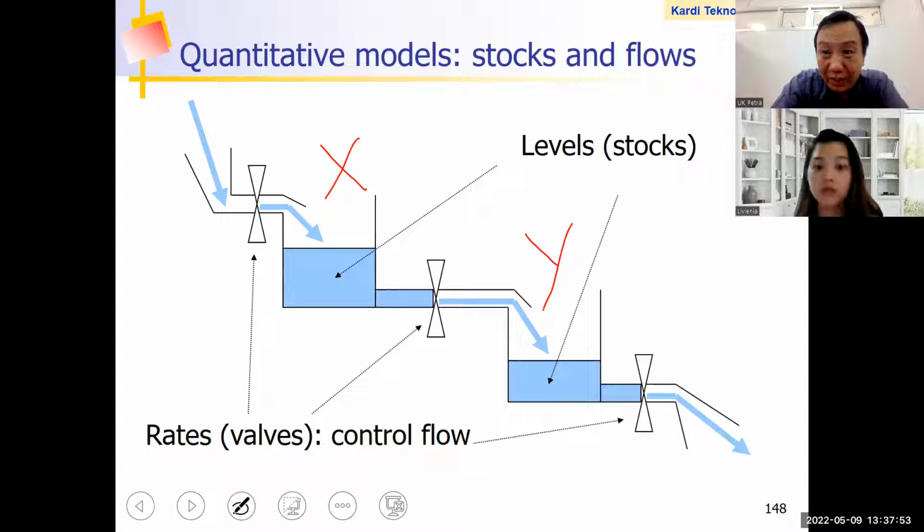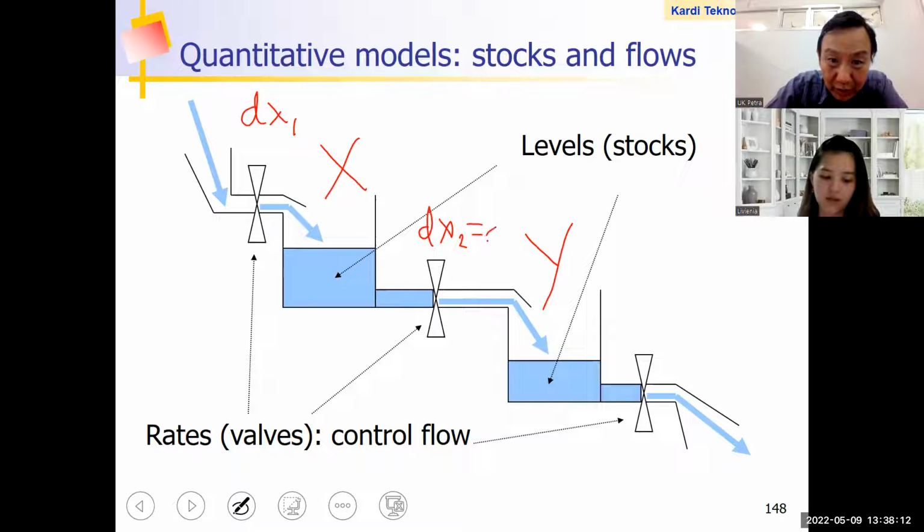This flow in is the dx. So we have dx1 here, and here you have dx2, which is equal to dy1, right? Here is dy2.